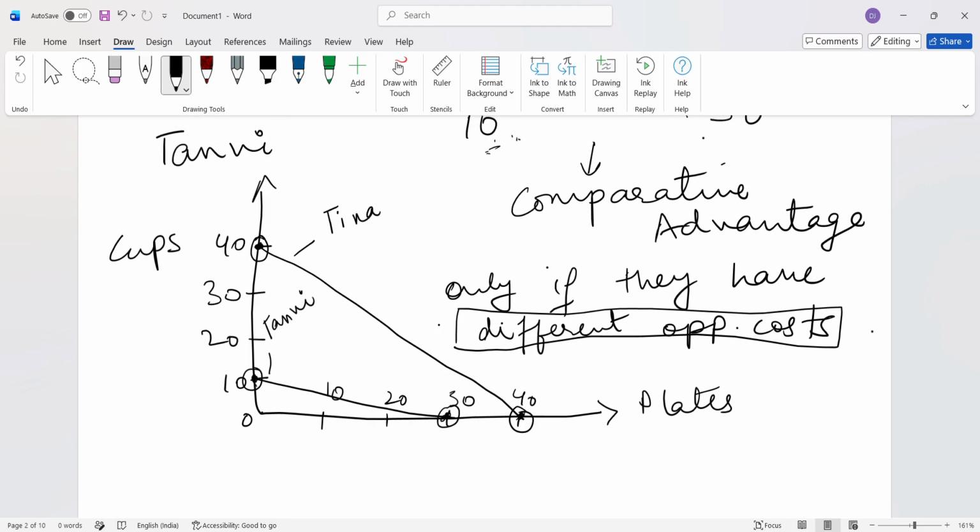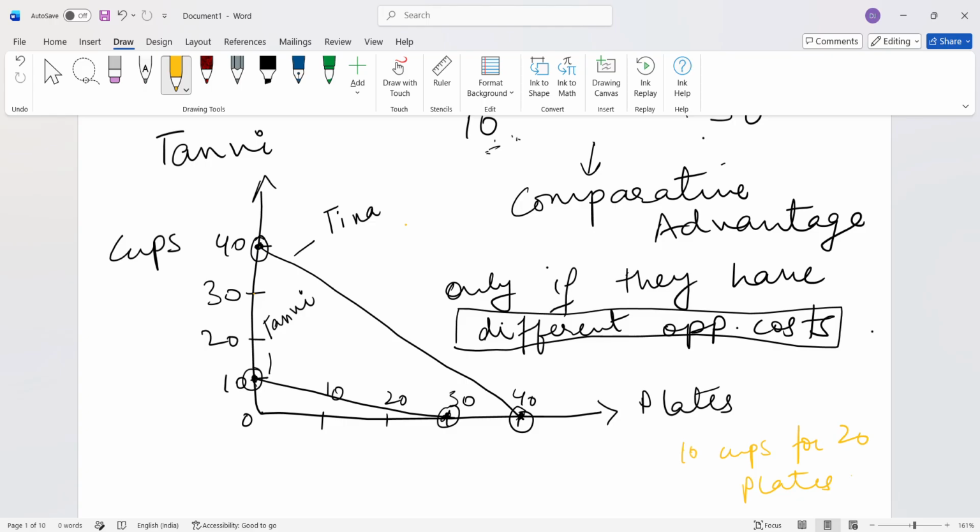I'll take another color so that you understand that properly. So it's 10 cups for 20 plates. I'll write somewhere here: 10 cups for 20 plates. All right, Tina is producing cups, so basically Tina would be giving 10 cups. From 40, she's producing all the 40 cups.